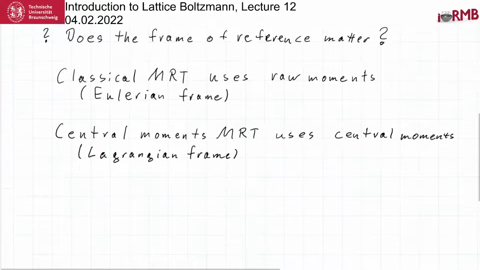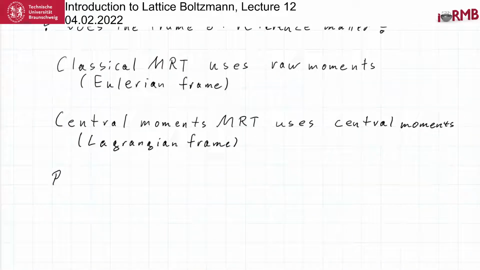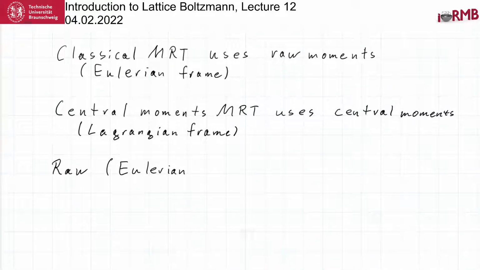Okay, what does this mean? Let's first look at raw moments. They are Eulerian, and we have central, Lagrangian.